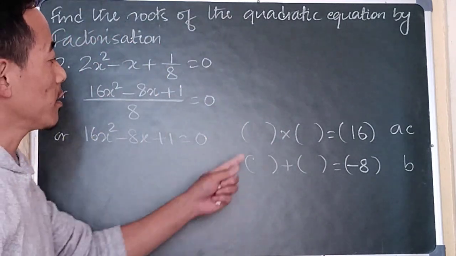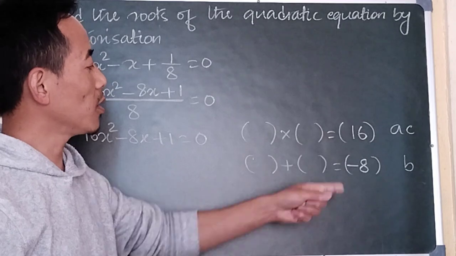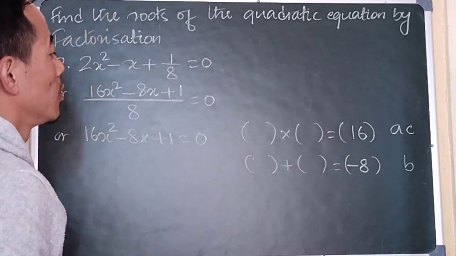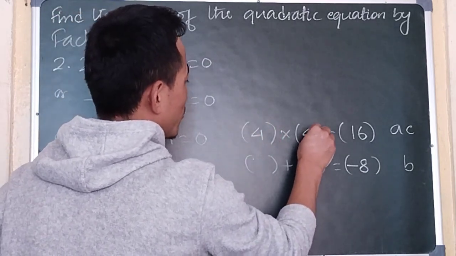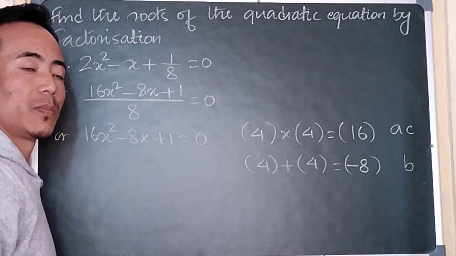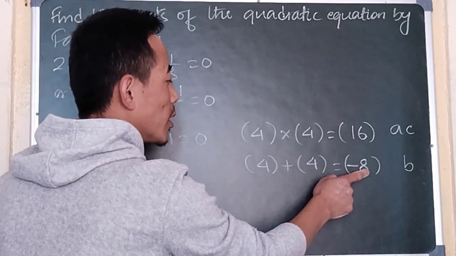So again you have to find two such numbers which can satisfy both conditions. When you practice it will come automatically to you. So we will take 4 and 4. 4 times 4 will give you 16, 4 plus 4 will give you 8.